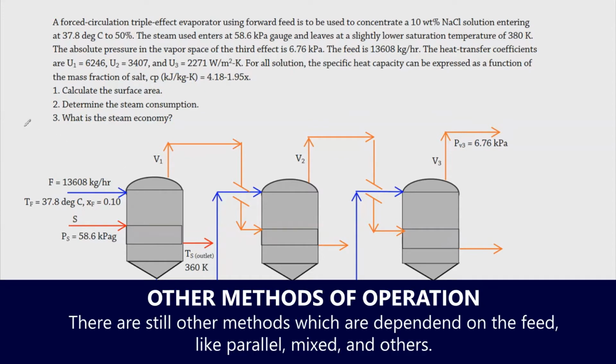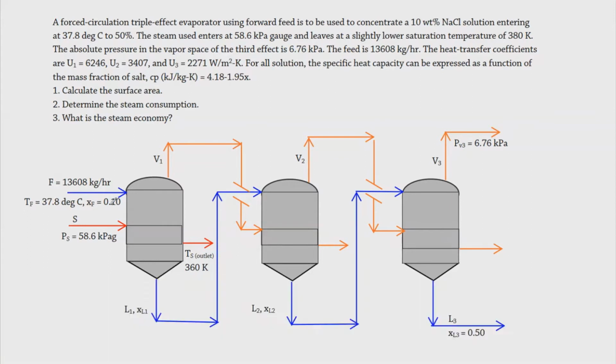Okay? So, yun yung sa unang, actually meron pa sa unang sentence and then meron tayong 10% weight sodium chloride. So, pag sinabi natin 10%, yun yung mass fraction ng ating sodium chloride dun sa feed. So, ito na yun, XF equals 0.10. And then, it enters at 37.8 degrees Celsius. So, ito yun, 37.8. So, ito yung temperature ng ating feed. And then, it is concentrated to 50%.